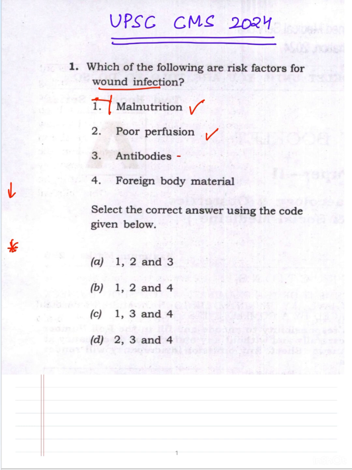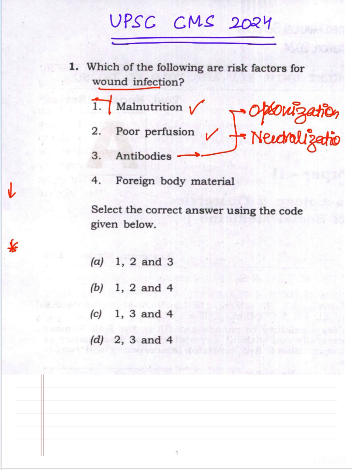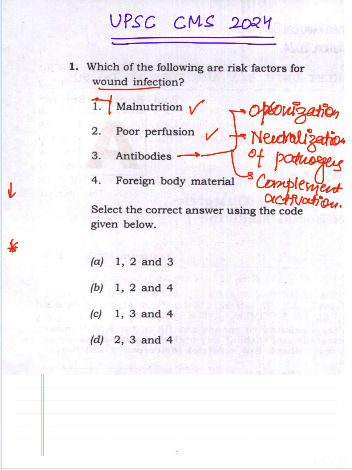If we see the antibodies, the antibodies are part of the normal immune defense, and they are required for opsonization, neutralization of pathogens, and complement activation. So they are rather protective.